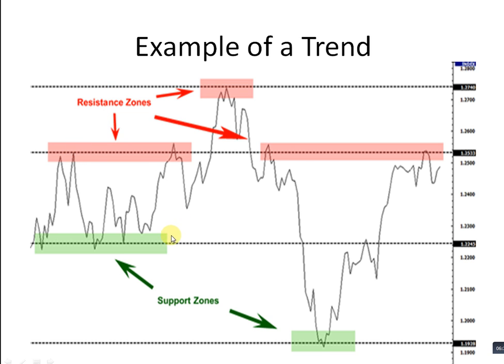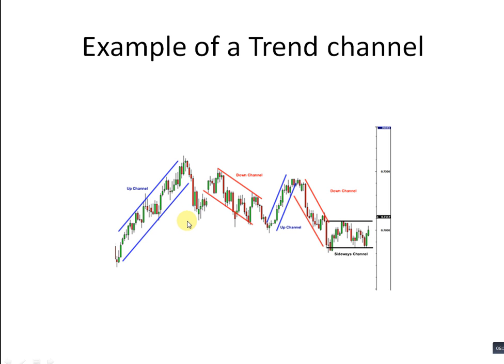Let's move on again. We have what we call a trend channel. A trend channel is whereby when we look at a trend in the long run, we can see that it follows some channel. It means that if we join the resistance levels and join the support levels, it will be like a single channel going up.